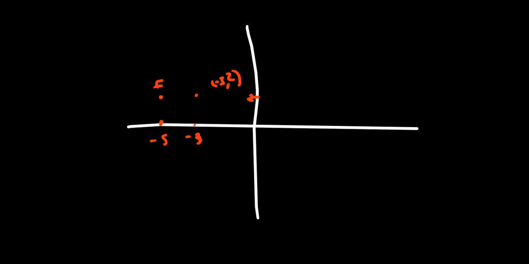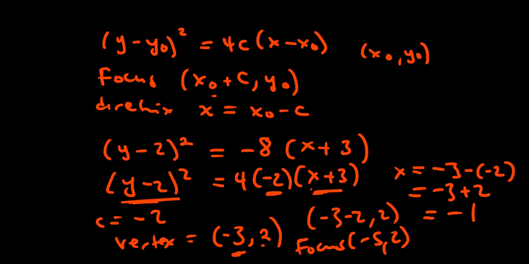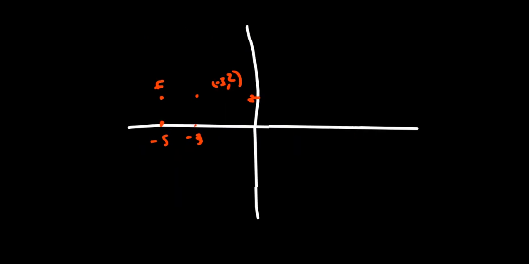I already saw in the previous one that my c is negative, meaning this is opening in the negative x direction, like that. Then what is my directrix? My directrix is cutting at negative 1. So let's say negative 1 is here, so it's going to cut there.